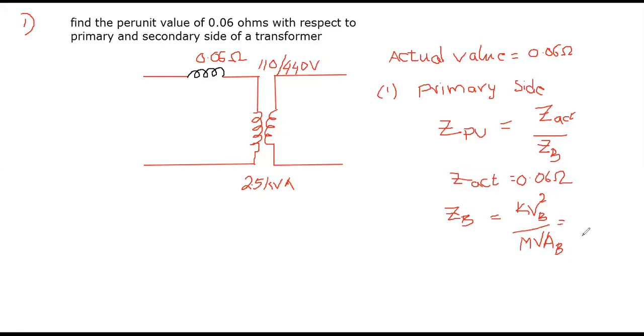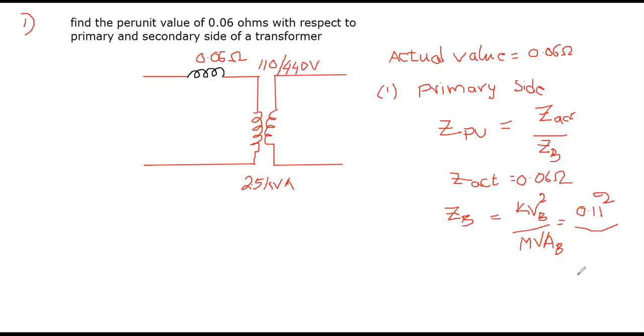The base voltage of the primary winding is given as 110 volts, but you need to express it in kilovolts. If you convert 110 volts to kilovolts, you will get 0.11. So it is 0.11 square, since 0.11 multiplied by 1000 gives 110 volts.